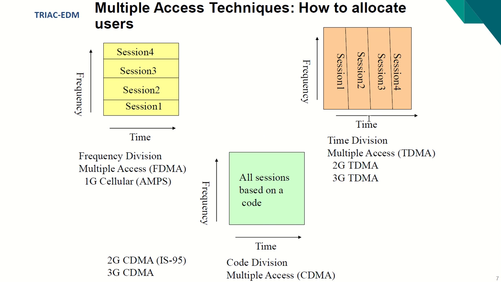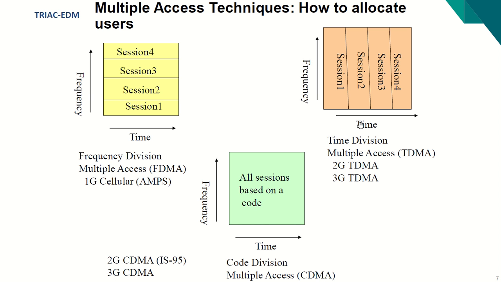Then if we look at this block here, we have time and frequency, and this is called time division. So for example, user 1 is put into session 1, which is at time slot 1. User 2 is put into time slot 2.